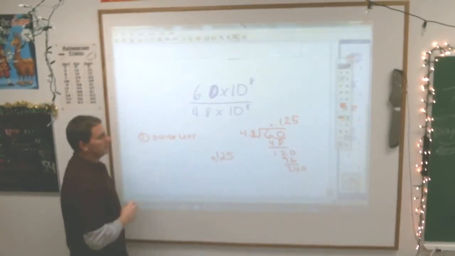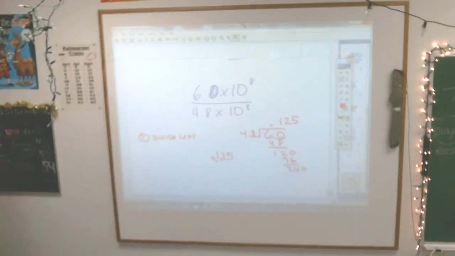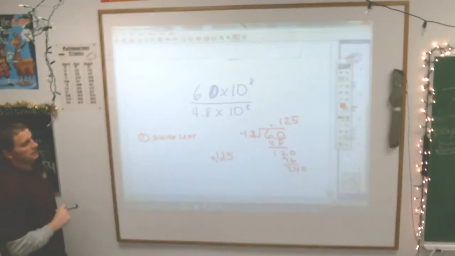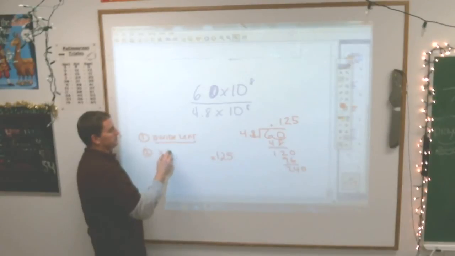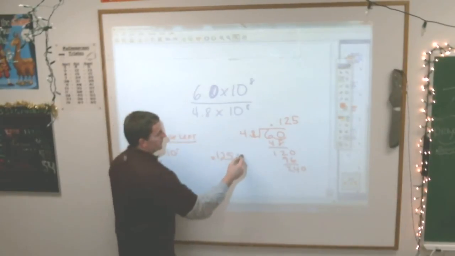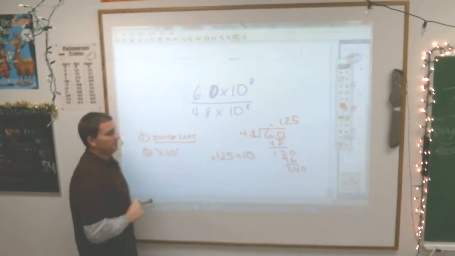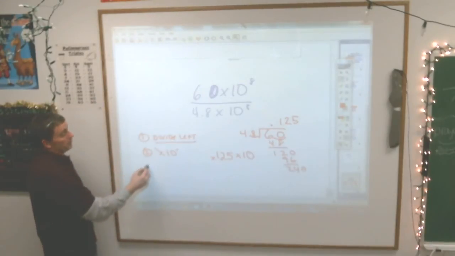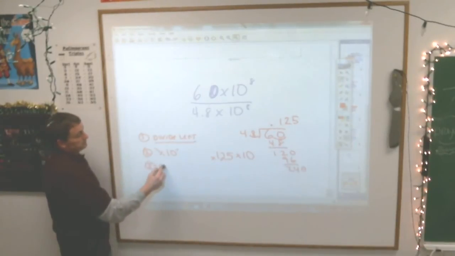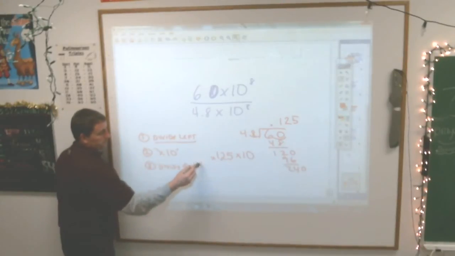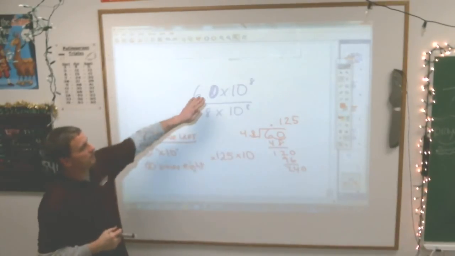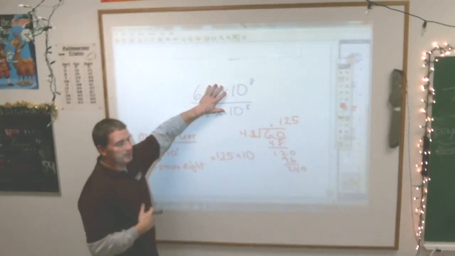Alright. You probably would have saved me. So I divide the left. Okay. I write down my times 10. Same thing, same thing. Now guess what happens here when I divide the right, which I need to do. How do I figure out what 10 to the 8th over 10 to the 8th is?